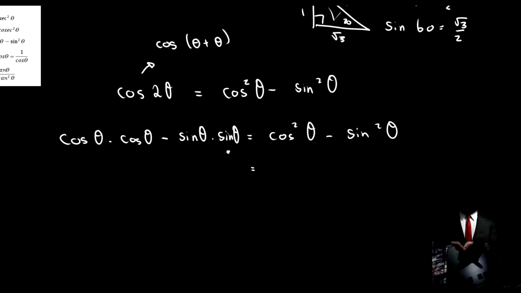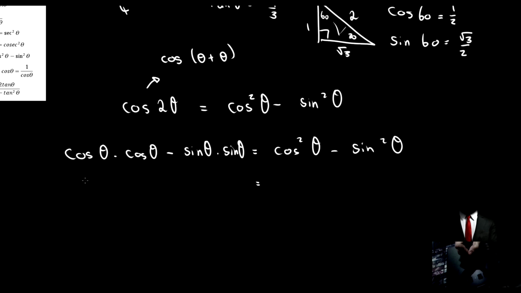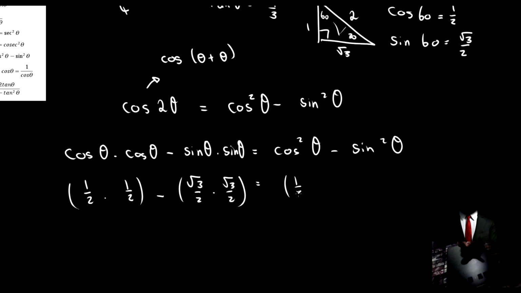We can already see that cosine theta times cosine theta can give me cosine squared theta, but let's ignore that. So let's substitute what we got: 1 over 2 times 1 over 2 minus square root 3 over 2 times square root 3 over 2. This is going to give me 1 over 2 squared minus square root 3 over 2 squared.